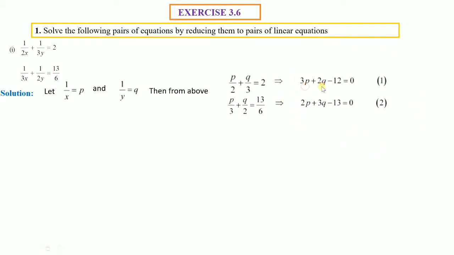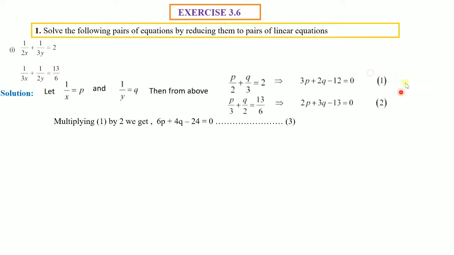Now we have two variables p and q. For the solution, multiplying equation 1 by 2, as we have the coefficient 2 here, we get 2 threes are 6p, 2 twos are 4q, minus 12 twos are 24 is equal to 0.